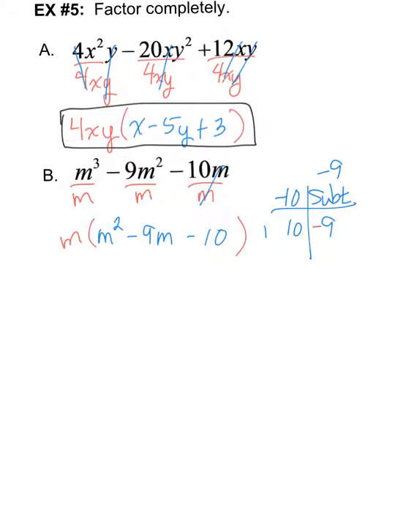Your 9 is negative, so the bigger of the two is also negative, and the 1 is positive. So the M still gets brought down, but the trinomial gets split into two binomials. M squared becomes M and M, and then you put from your table the plus 1 and the minus 10 here, and you are finished.